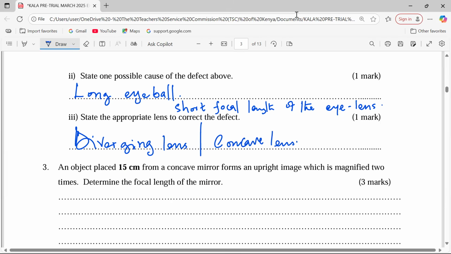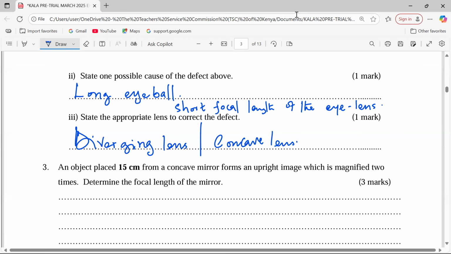The names of these lenses and the mirrors in form 2 physics try to confuse some learners.